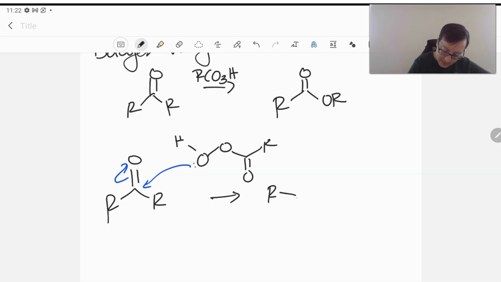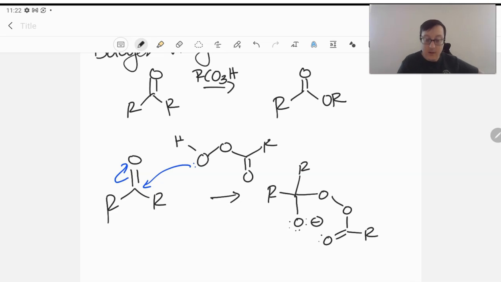I'm going to invert that, so we can have the minus charge down there, with our R group pointing up. And now we have all these lovely oxygens, and we have our H here as well.